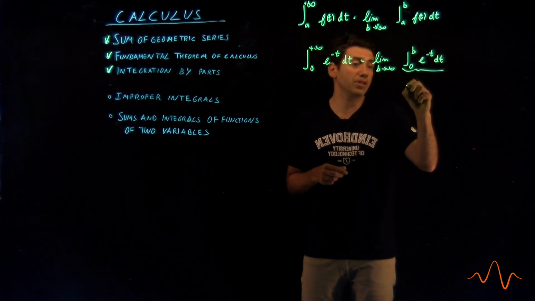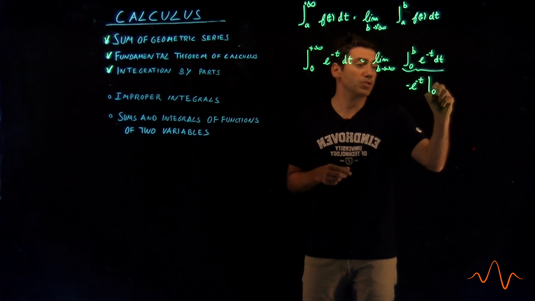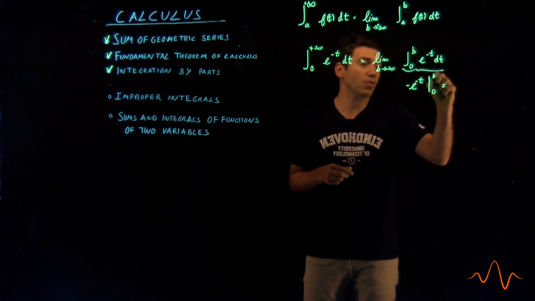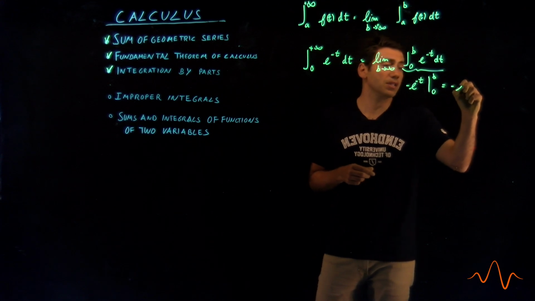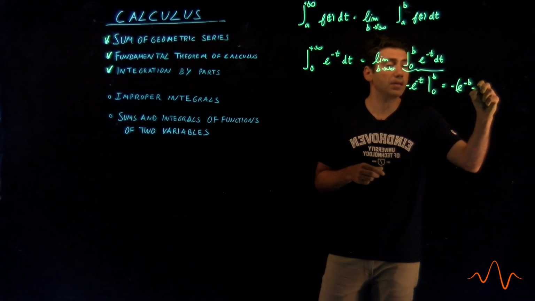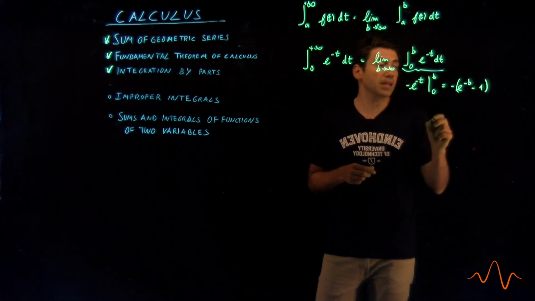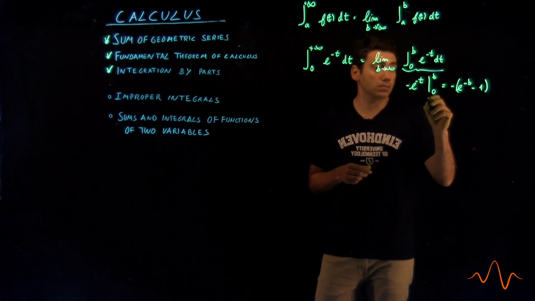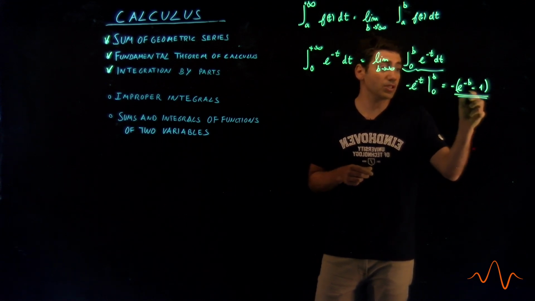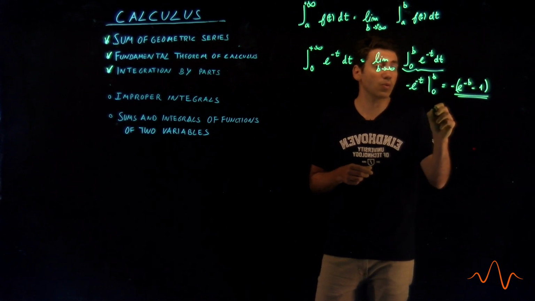You have to take the primitive, minus e to the power of minus t between 0 and b, which is nothing more than minus e to the power of minus b minus minus 1. And then once you compute this, you just take the limit as b goes to infinity. In this case, this limit is 0, so we're left with 1.